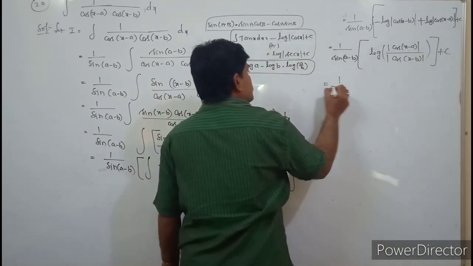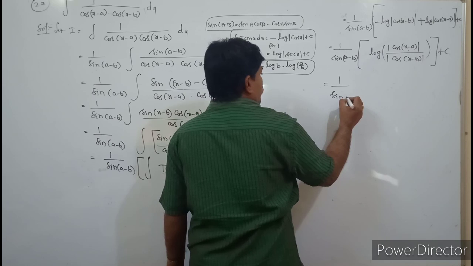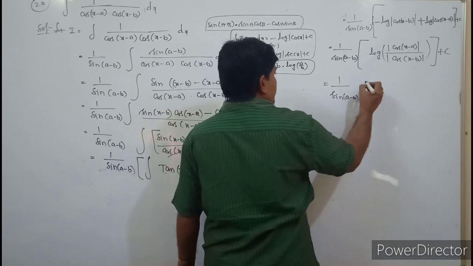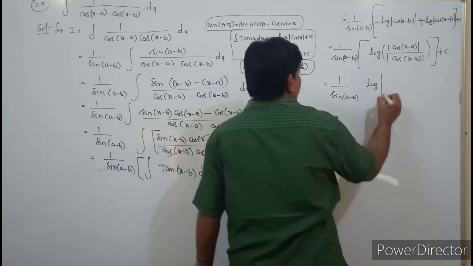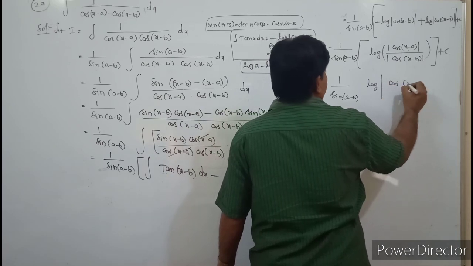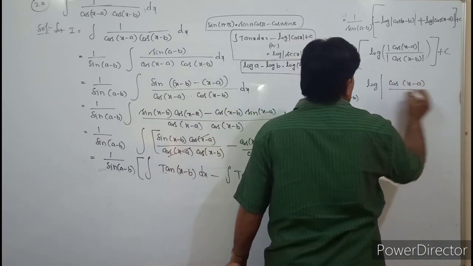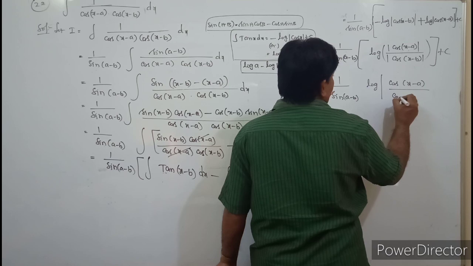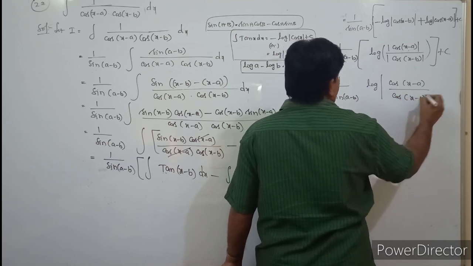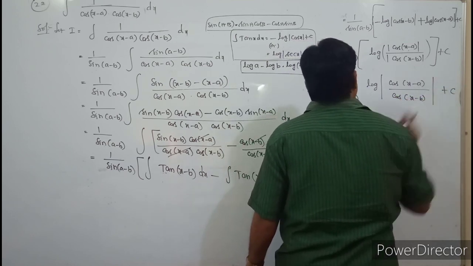You can also write it as 1 by sin of a minus b into log of mod cos of x minus a by cos of x minus b plus c.